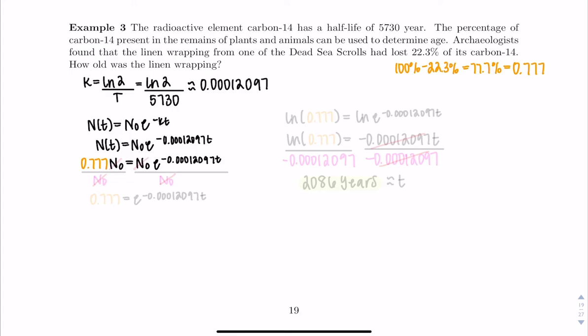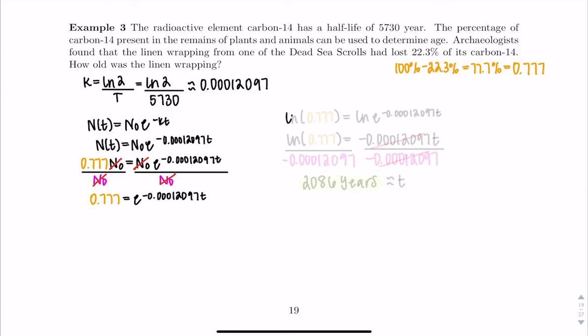So we're going to divide both sides by N naught. And so the N naughts cancel on top and bottom, and we're left with 0.777 equals e to the negative 0.0001297t. Just like with the other problems, we need to get the t out of the exponent.